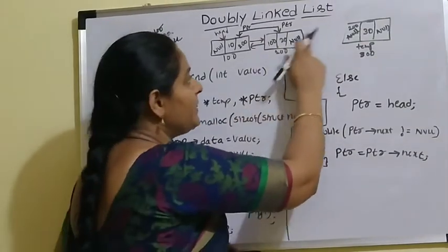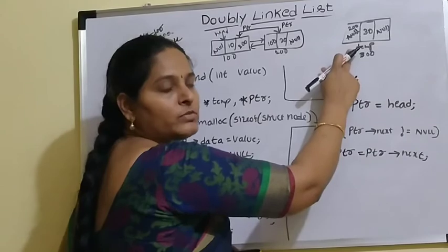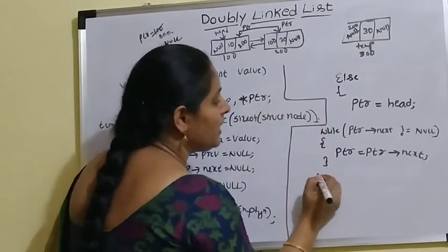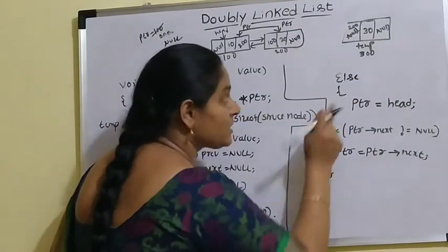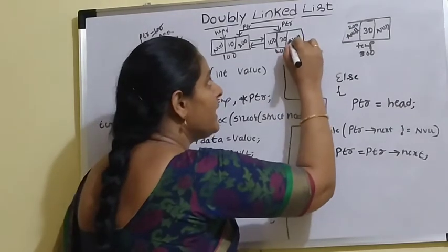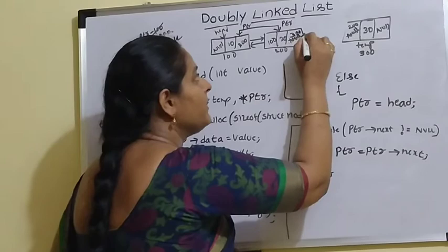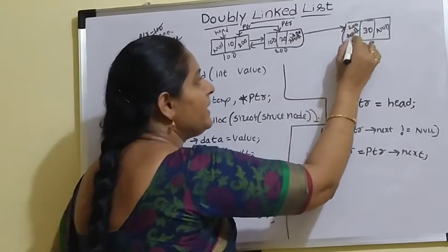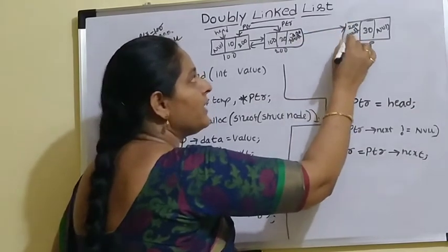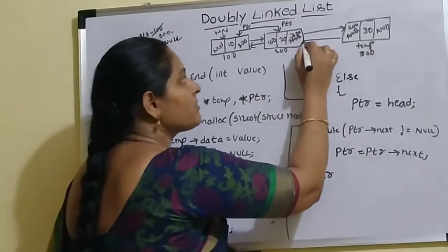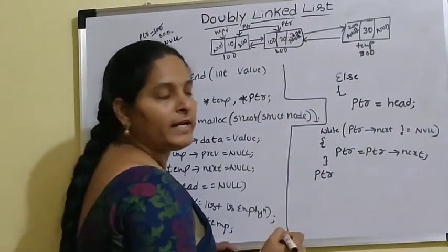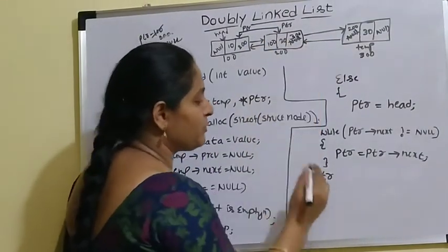Now to this last element, we need to attach the temp node. How to attach it? Just now I explained these two connections. In PTR next, this null value we should replace with 300. And in temp previous, the null value should be replaced with the PTR address. So write those two statements in the program.